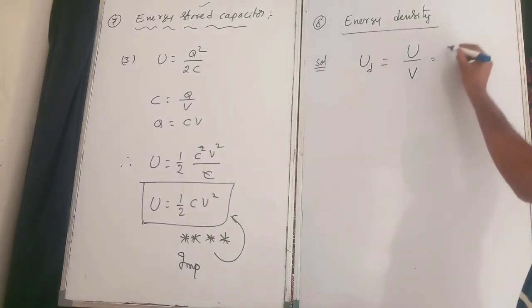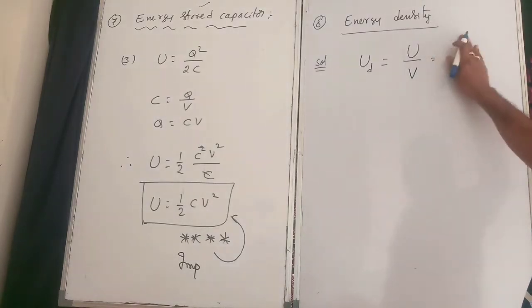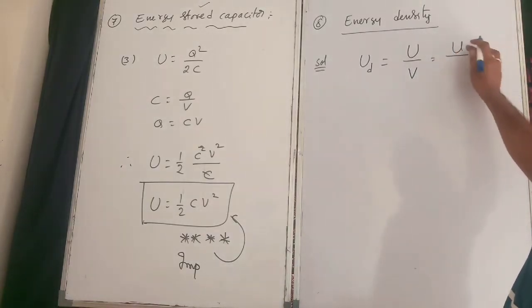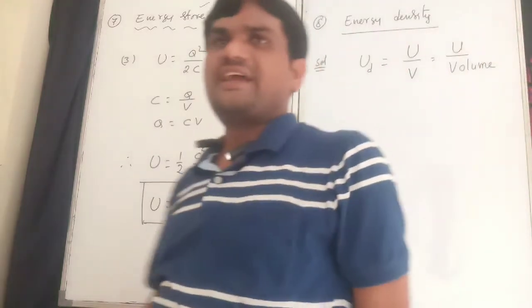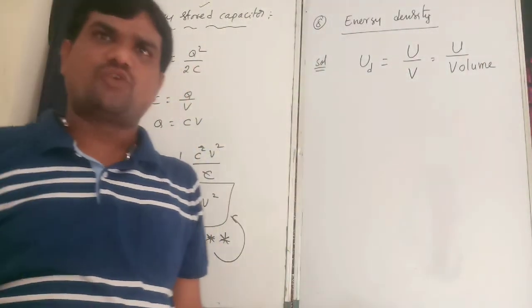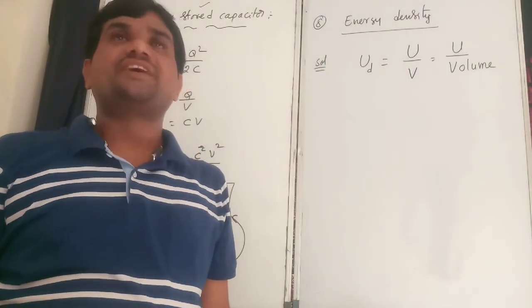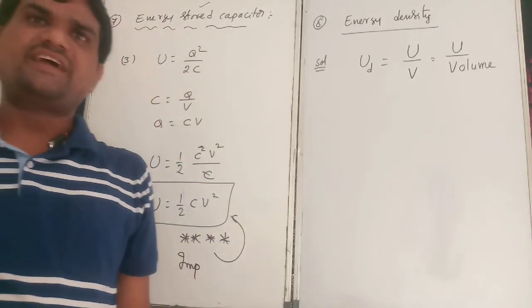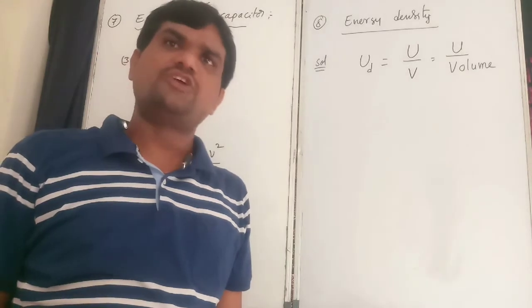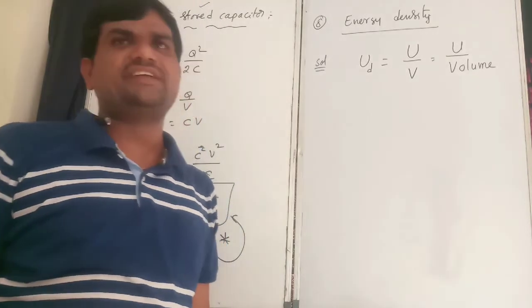This is the volume, not a potential. The energy per unit volume is known as energy density.